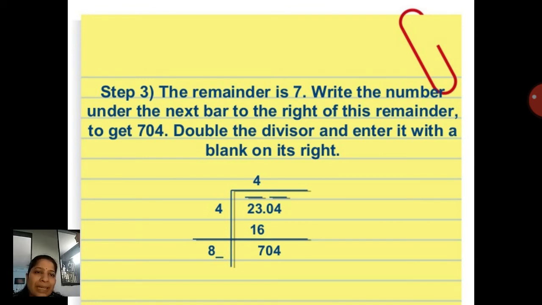Now we have to multiply something beside 8, the same number as in the quotient, so that we get a number nearer to or equal to 704.